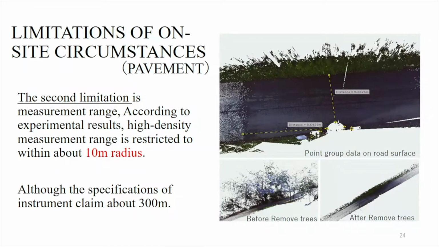And this shows that in the row of the site there are a lot of trees, so it makes the measurement range about 10 meters radius. Also, the specifications of the instrument claim it can survey 300 meters.